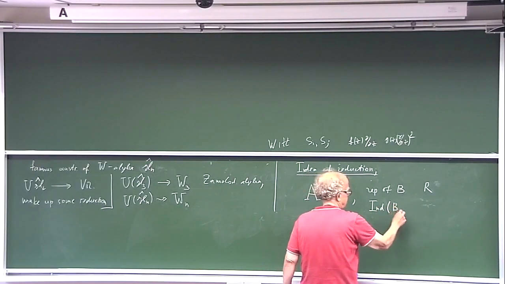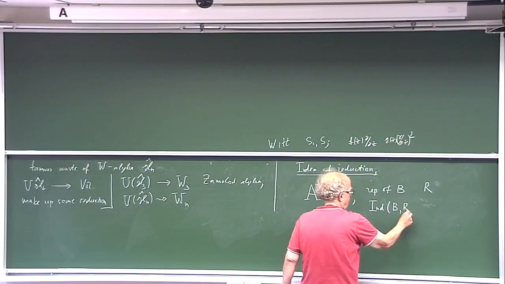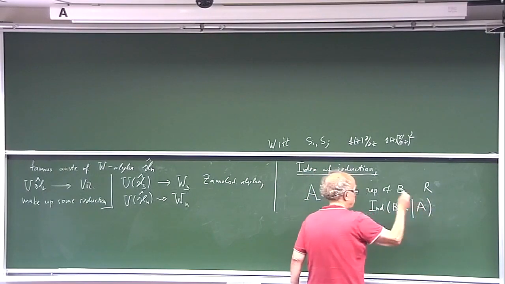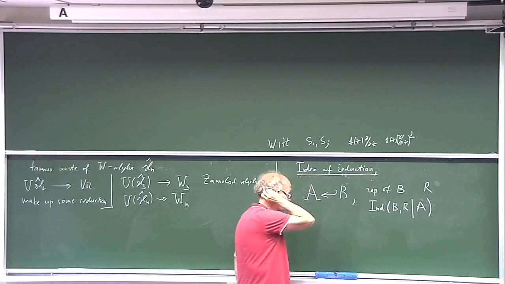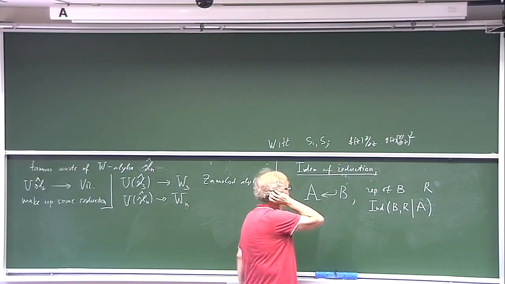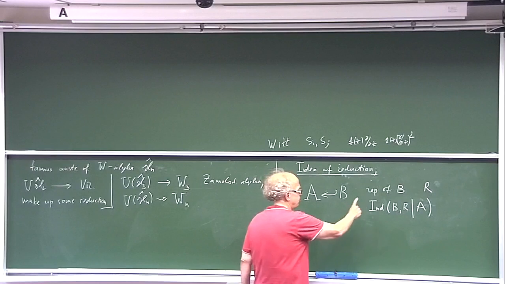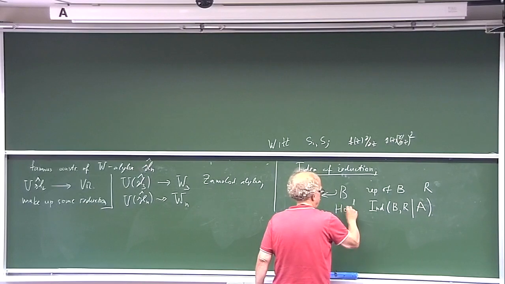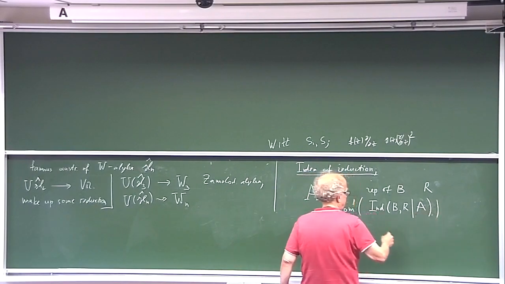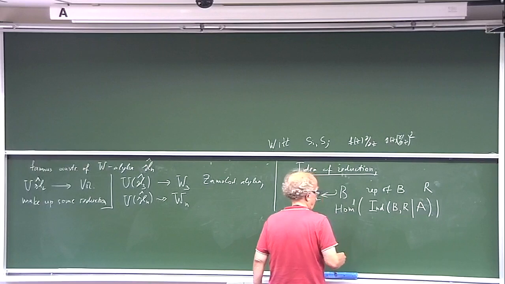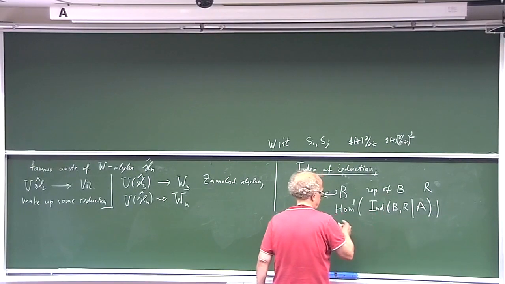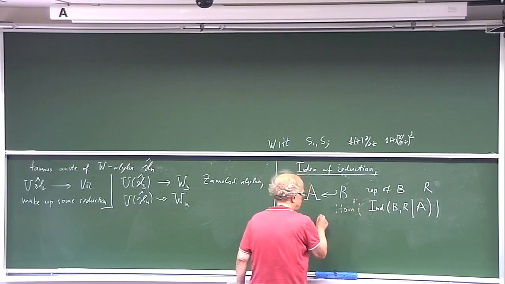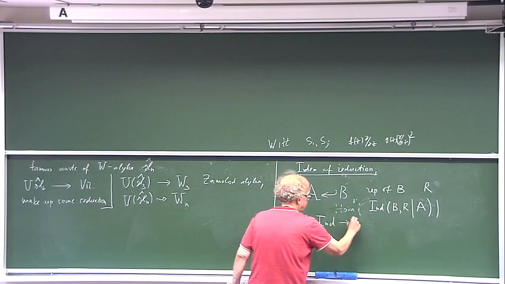R is a representation of B, and we induce it to A. The reduction is given this way: if I have such an induced representation, I have the algebra of homomorphisms from this representation to itself. So I can consider the algebra of Hom from this induced representation to itself.